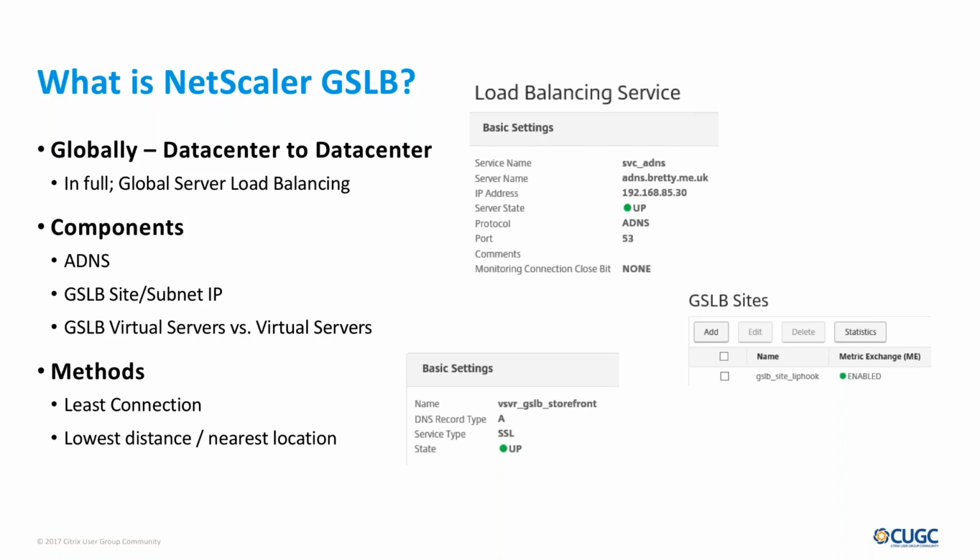If we were to take a basic example of StoreFront, if you had a pair of StoreFront servers in your on-premises data center, and that was sitting behind a NetScaler load balancer, you could build the equivalent in Microsoft Azure and then front that with GSLB to fail services over seamlessly between your on-premises environment and Microsoft Azure.